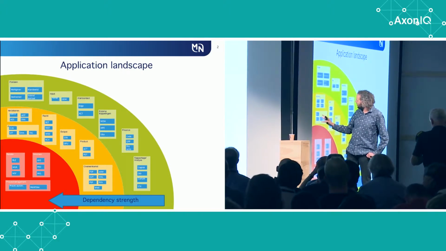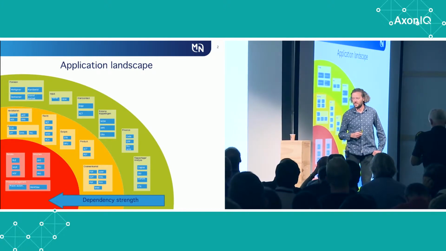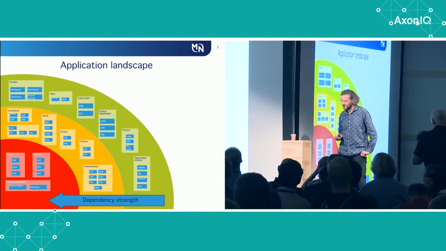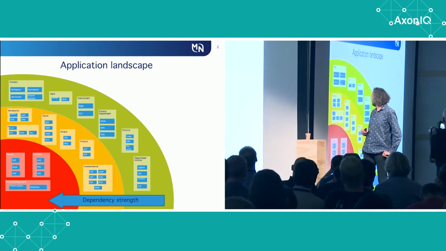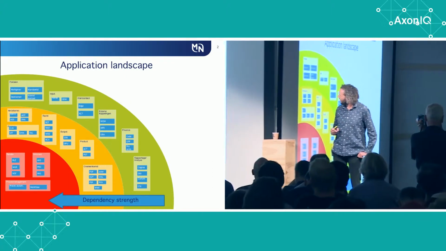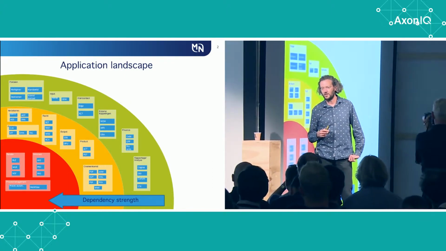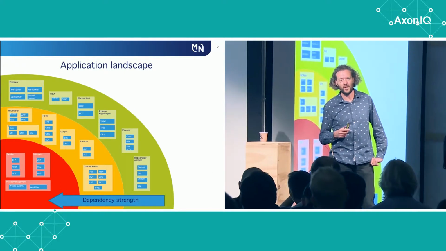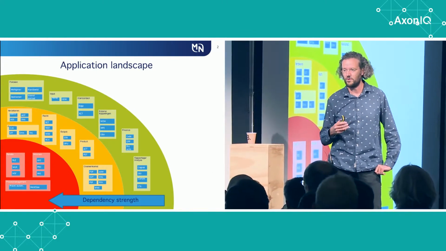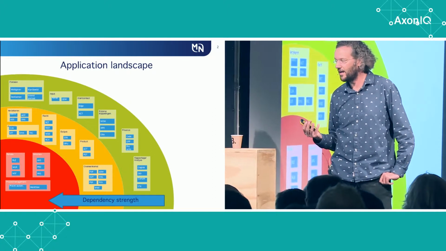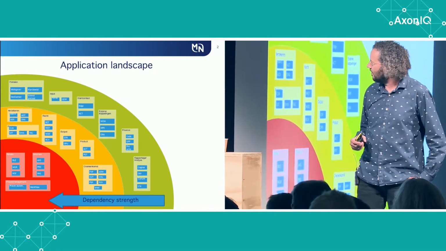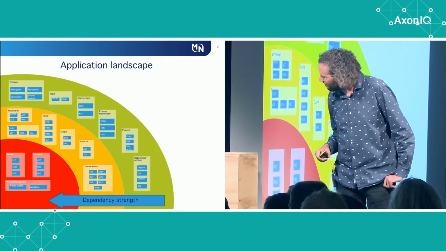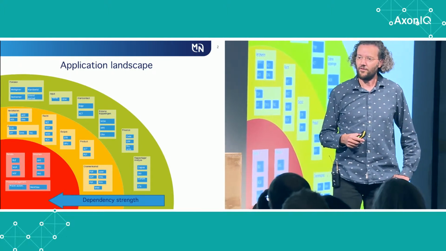And when you go more to the outside, it's more or less dependent on everything that's inside. So when you're in the top left, it's about web applications used by employers and employees to look at their income data or change it. It slowly dribbles down to this red corner where everything is stored.